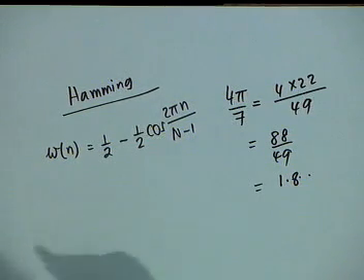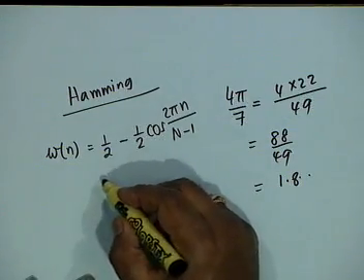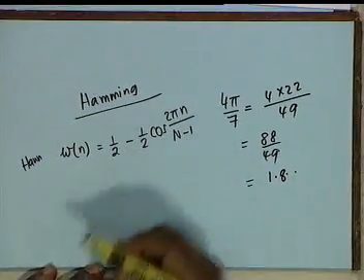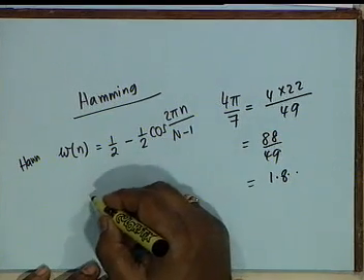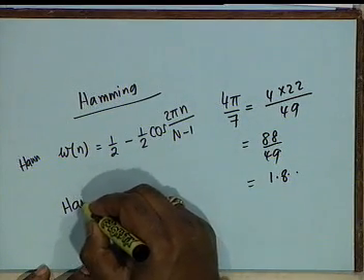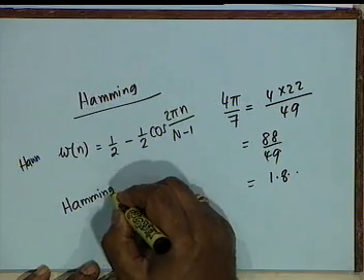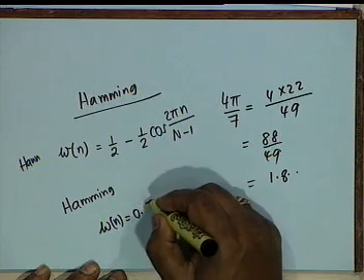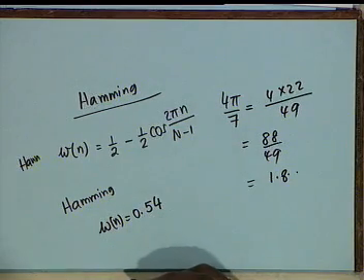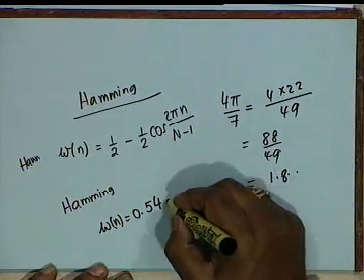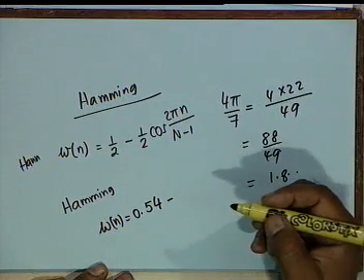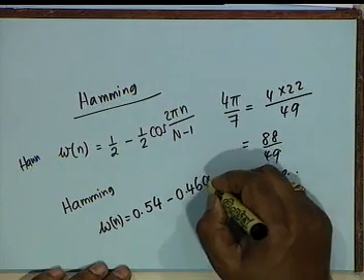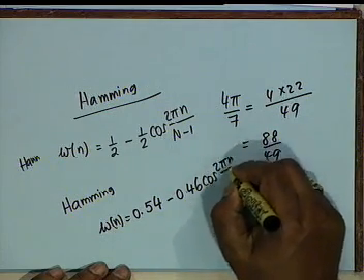What Hamming did was, instead of 0.5, both are 0.5 in Hann, Hamming used 0.54 for the first term. Naturally for the second term, because the maximum is 1, 0.46 cosine of 2 pi n divided by N minus 1.